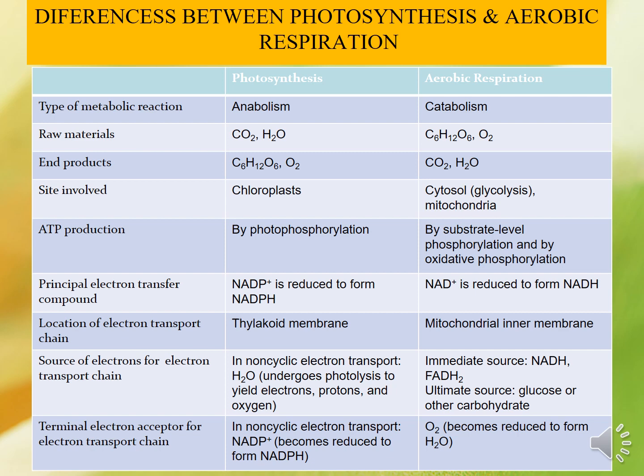However, for aerobic respiration, at the end of the electron transport chain, the electron will be received by oxygen because oxygen is more electronegative. So the terminal electron acceptor for aerobic respiration is oxygen.